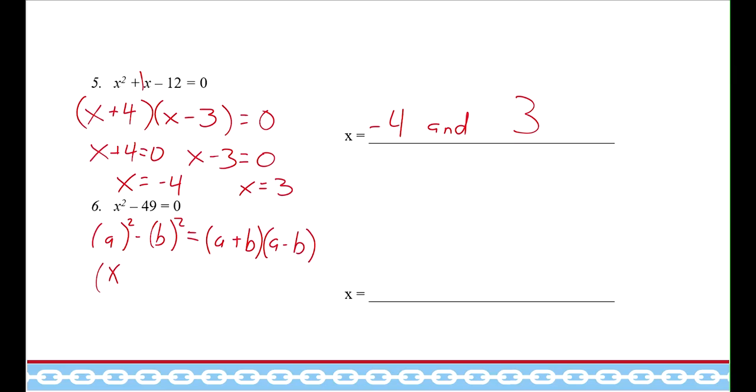So I can see here I have x to the second power is x squared, and 7 squared is 49. So then I can factor that into x plus 7 times x minus 7.